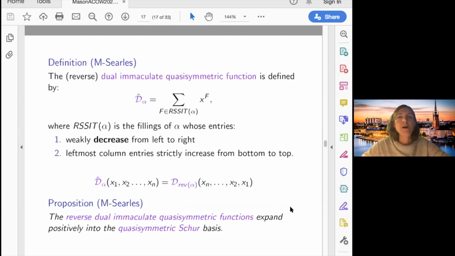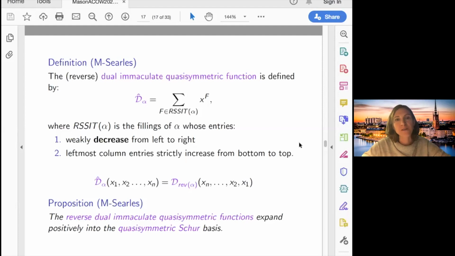Now that we've talked a little about this flip and reverse, we want to do this for the dual immaculates. The actual act of flipping and reversing is straightforward, right? We define the reverse dual immaculate quasi-symmetric function by flipping the variables and reversing the indexing composition.